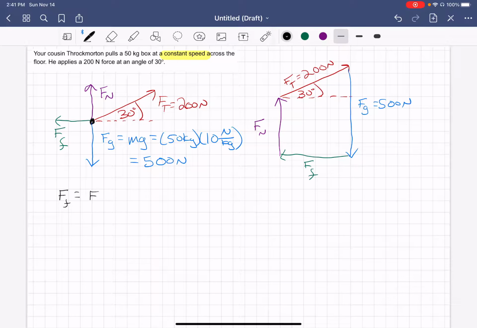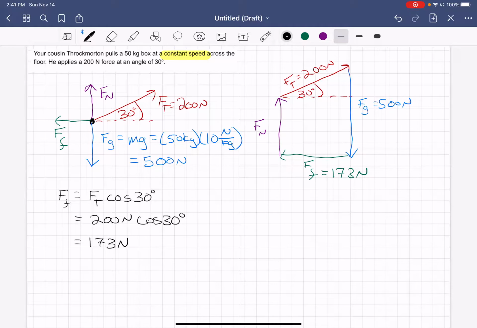Using SOHCAHTOA, that side is the adjacent side, so the tension force times the cosine of 30 degrees should give me the force of friction. As I type the tension force of 200 newtons times the cosine of 30 into my calculator, I get 173 newtons. And so that must be my friction force.